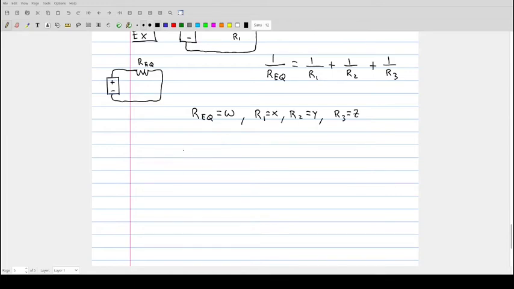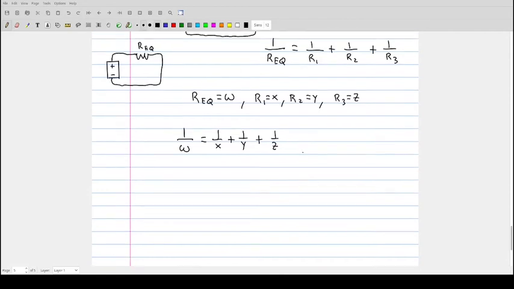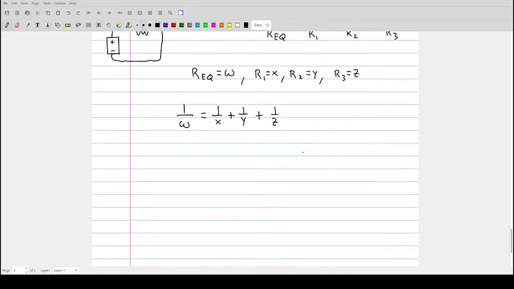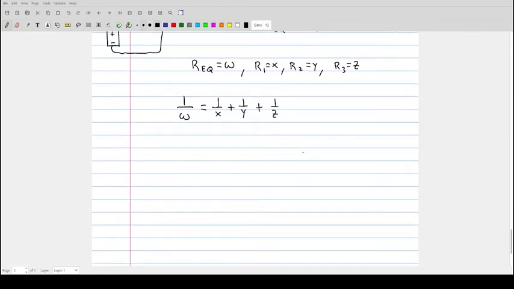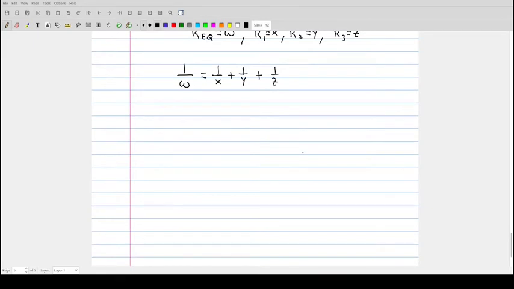So the implicit relationship that we have between our variables from the parallel law is going to be that 1 over W is equal to 1 over X plus 1 over Y plus 1 over Z, where W is the equivalent resistance and X is R1, Y is R2, and Z is R3.